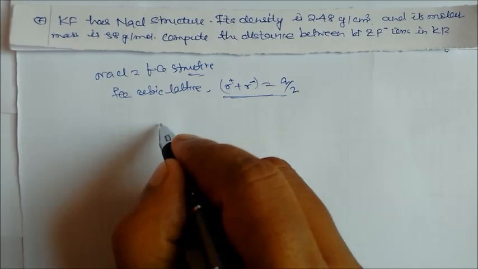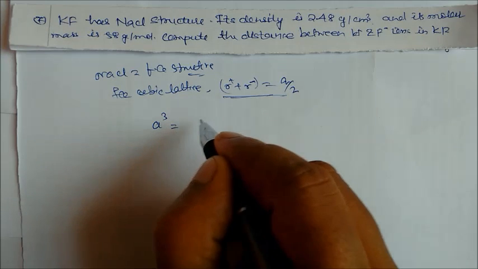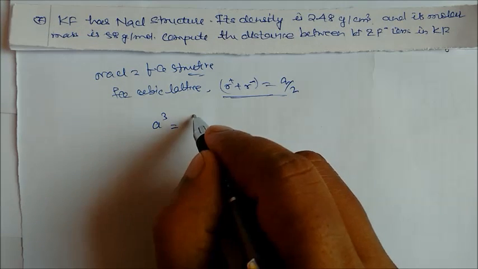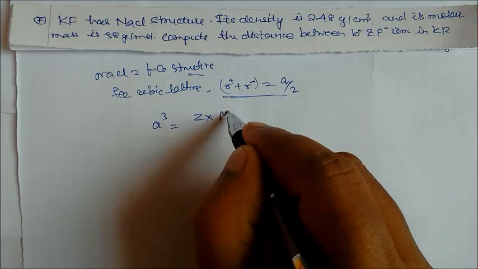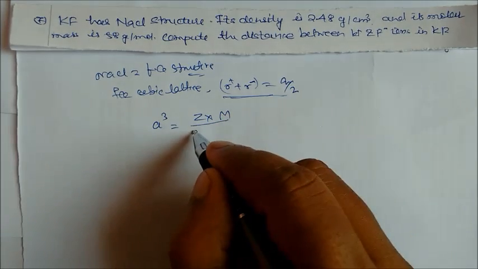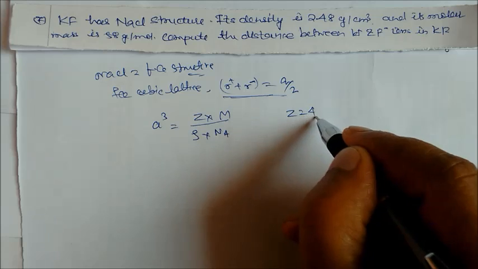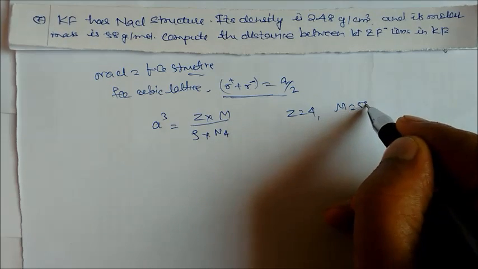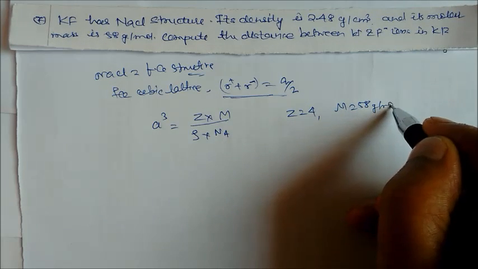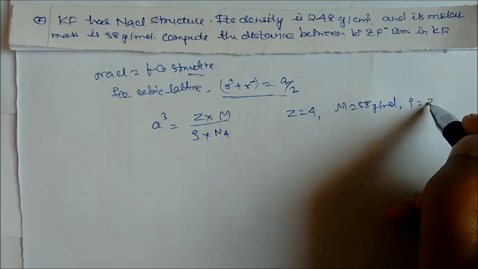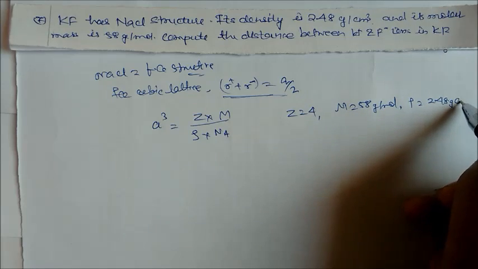So now again we know that a cube is equal to the volume of the unit cell, which is Z into M divided by density into Avogadro number. So here Z is equal to 4 and M is equal to 58 gram per mole, and density we know is 2.48 gram per centimeter cube.